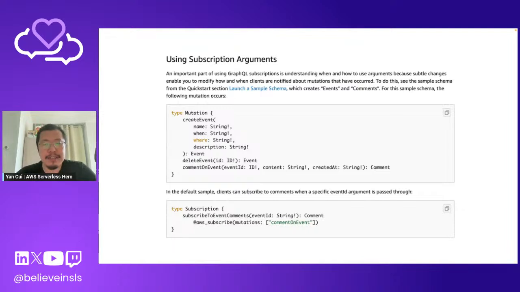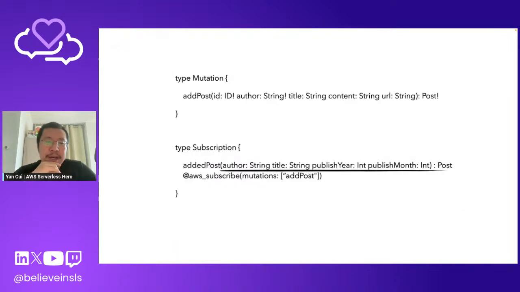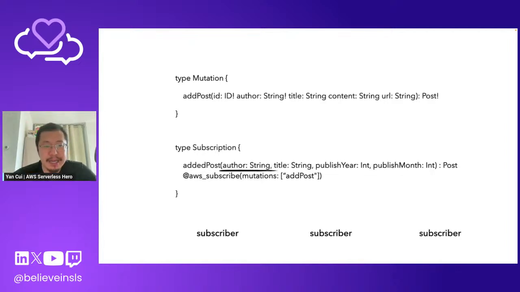So in this case, I'm allowing people to filter what posts they get notifications about, so that they only get notifications about posts that are published by a particular author, for example, and all the data that can be used here can then be used by different subscribers to subscribe to different updates.